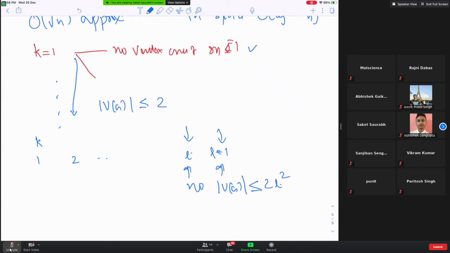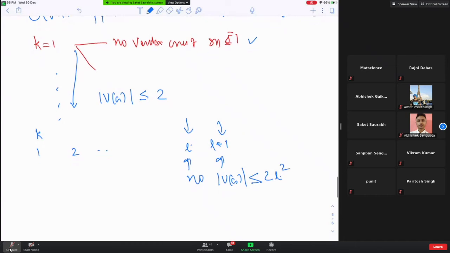Now, there are two issues. What is the property of this marker? I know that the vertex cover of G is at least L, because up until now, it has been consistently telling me no vertex cover of size at most this, whichever.